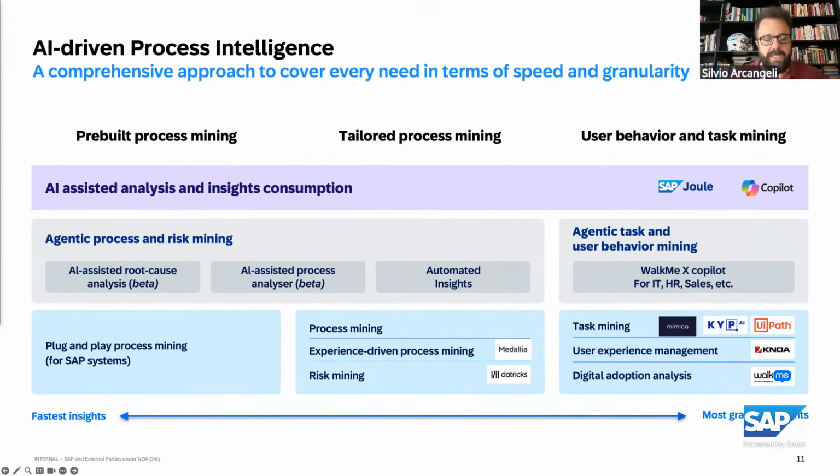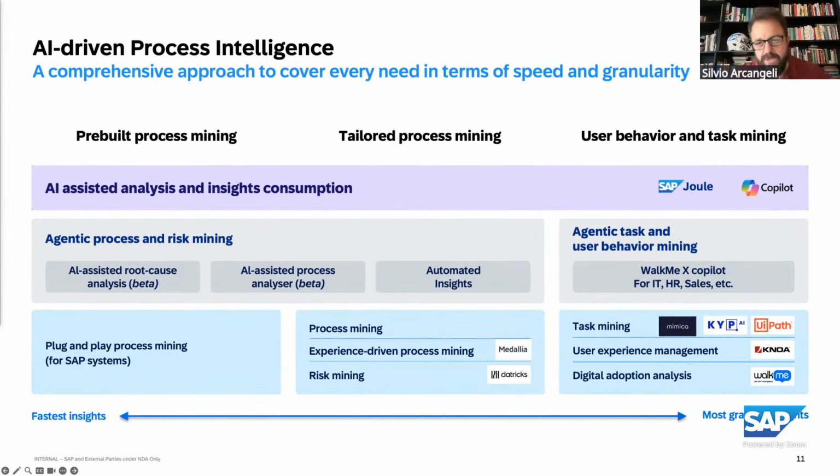So especially in all of the more SAP centric scenarios, it's easy for us to get a lot of visibility out of the box in just a few clicks and with a cheap investment overall. Then we move on to tailored process mining to complete the picture so that we can also include adjacencies, non-SAP applications, custom parts of your process, and so on.